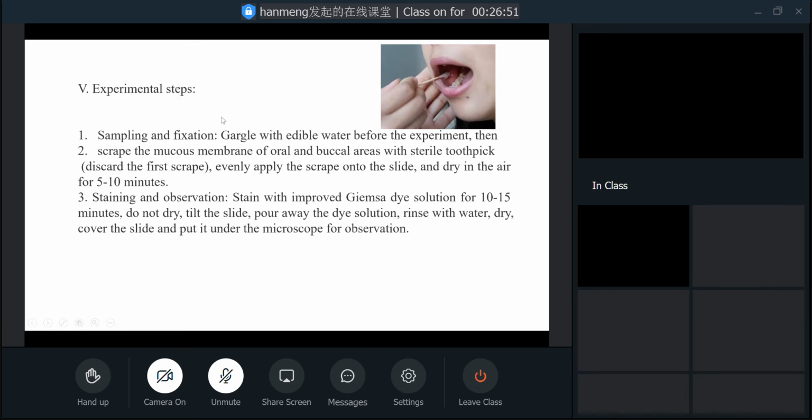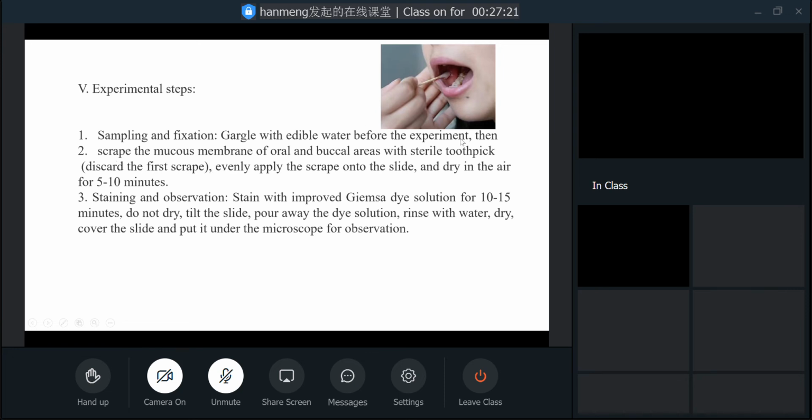The experimental steps: first you should wash your mouth, then use a sterile toothpick to get your epithelial cells, but discard the first scrape.